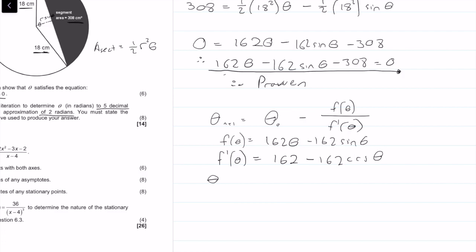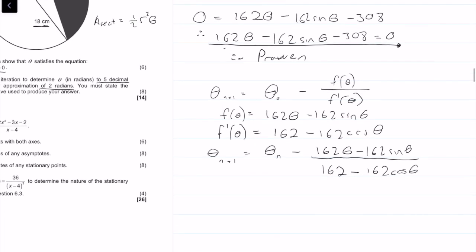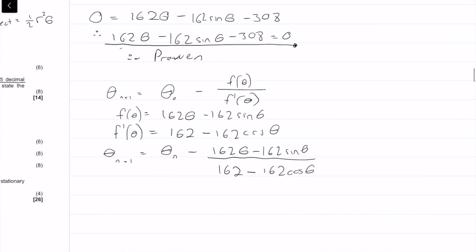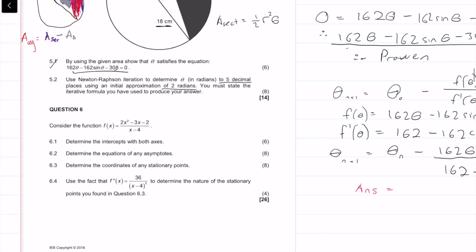So therefore our final equation is theta at n plus 1 equals theta at n minus f of theta, which is 162 theta minus 162 sine theta, divided by 162 minus 162 cos theta. The easiest way to do this is to put into our calculator that answer equals our first guess, which was 2 radians.